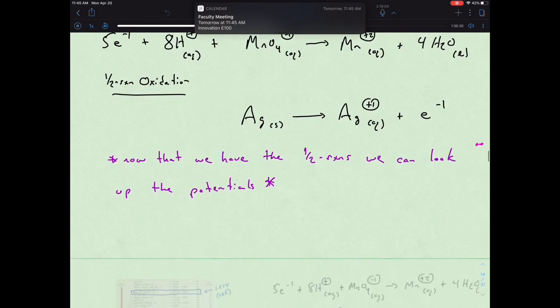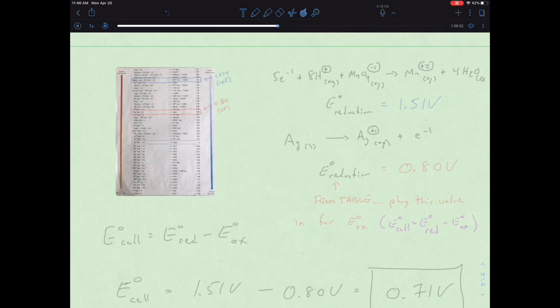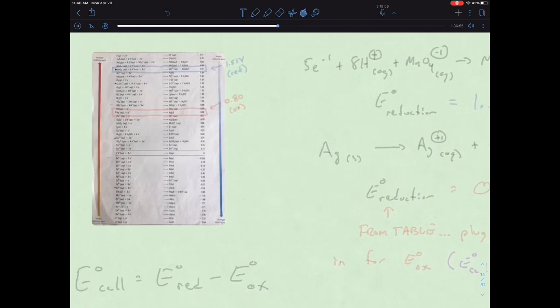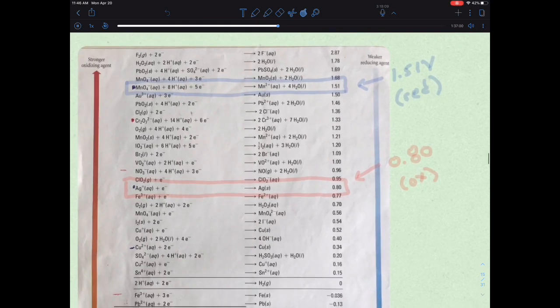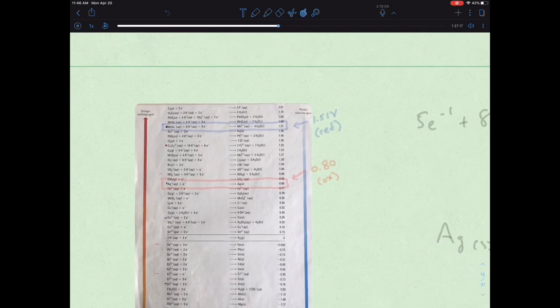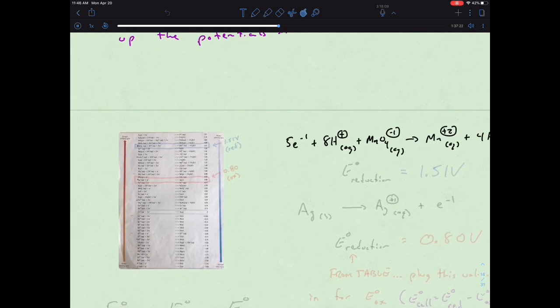So if we add that document, we were looking for 2 reactions. We were looking for that idea of the 5 electrons plus the 8 protons plus the manganate produces the manganese +2 and the 4 H2Os.